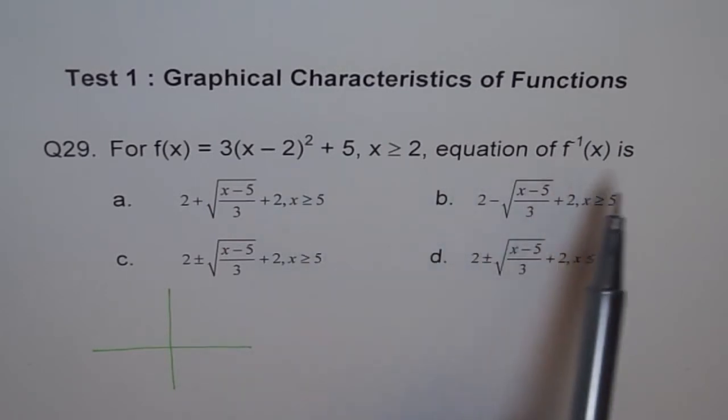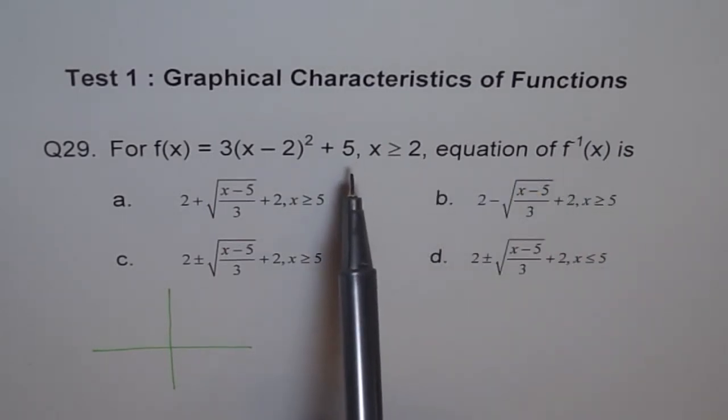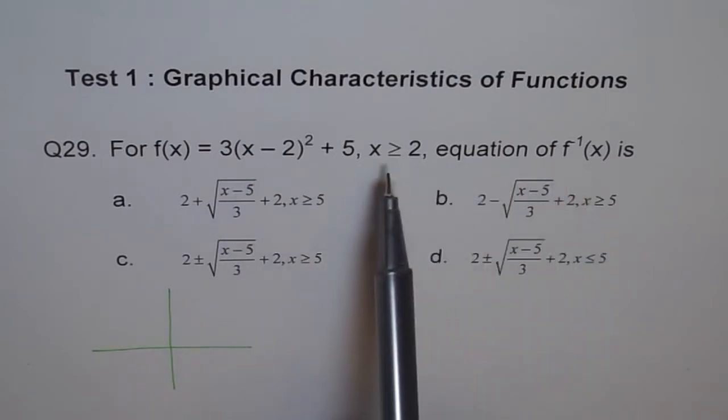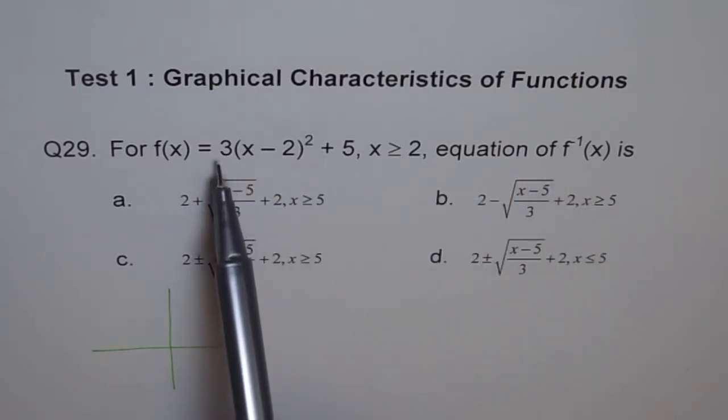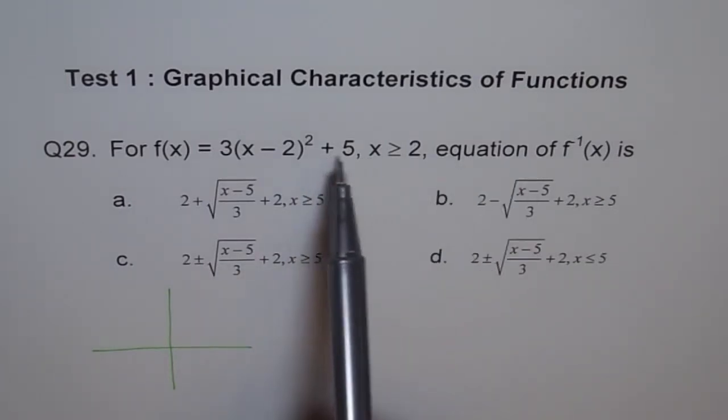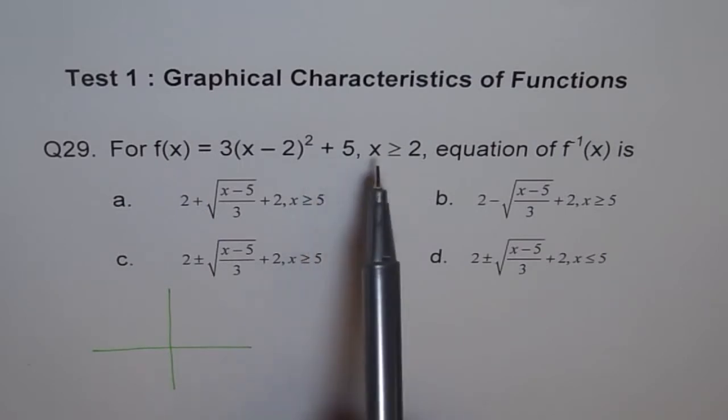If we read it in the reverse order, I'll show you how to find the inverse by reading the function in reverse order. So it says 3 times something square plus something, right? When we read from here, instead of plus, we do the reverse operation, which is minus.